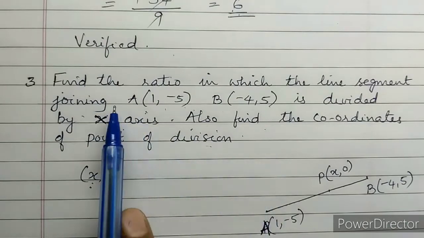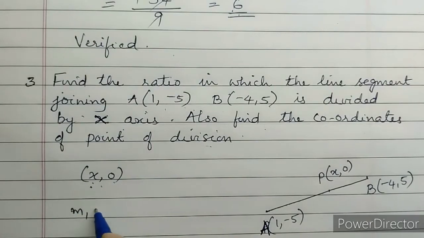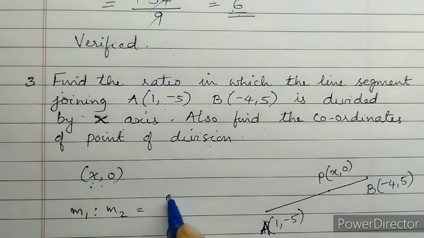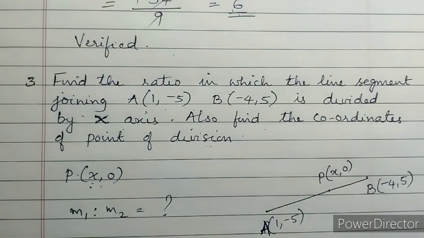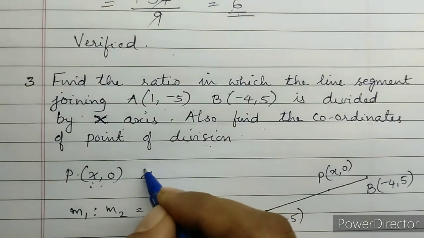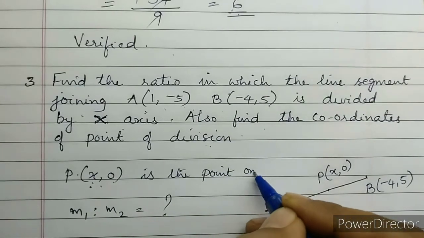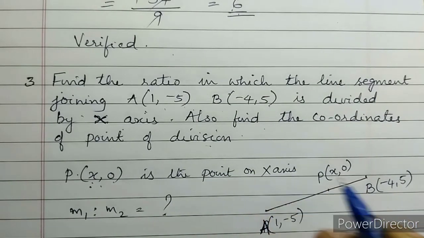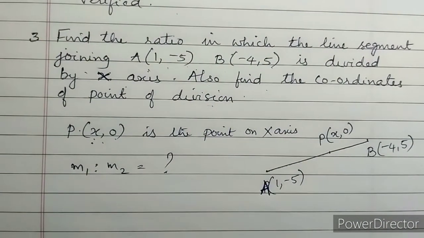Now the ratio is not given, you have to find the ratio. So m1 is to m2 is unknown. This point you can mark as P, x0, the point on the x-axis. Any point on the x-axis has coordinates x0.